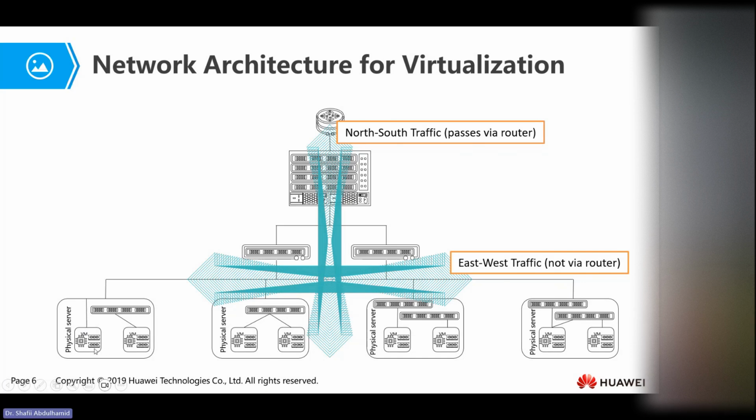So basically, if the virtual machine here wants to communicate with the virtual machine here, it's easy. This virtual machine will simply send the traffic and it goes through the virtual switch and then it goes to the other virtual machine. This is easy to do because both virtual machines are connected.